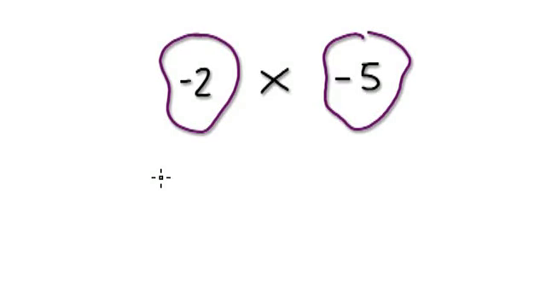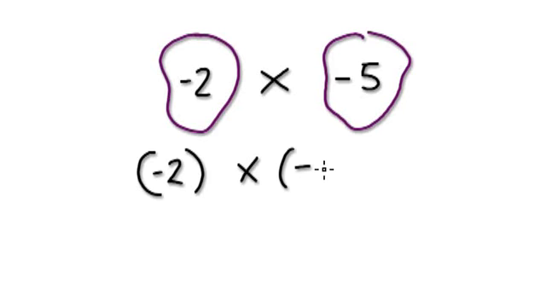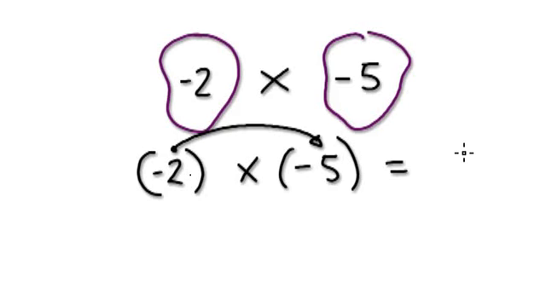Here, what it's saying is minus 2 times minus 5. Well, you would just ignore all the signs, so you just get 2 times 5, which is 10. Now you look at the sign. There are two negatives. There's a negative here and a negative here, so that makes it a positive. But we don't write positive 10. We just write 10.